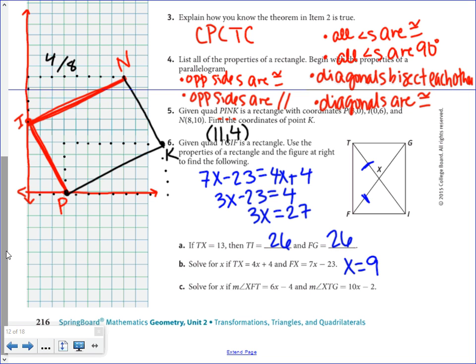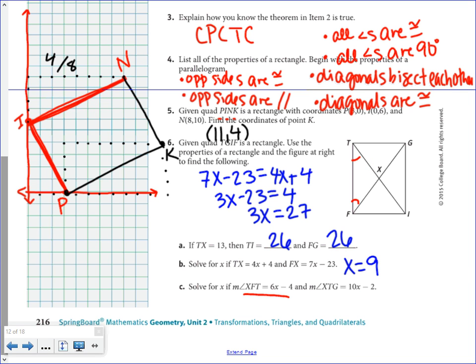For part C, they give us angle information. So angle XFT. This is angle XFT. Since this triangle here is an isosceles triangle because these 2 sides are congruent, I know that this angle is going to be congruent to this angle. So I'm going to erase it so that I don't have quite so many markings.